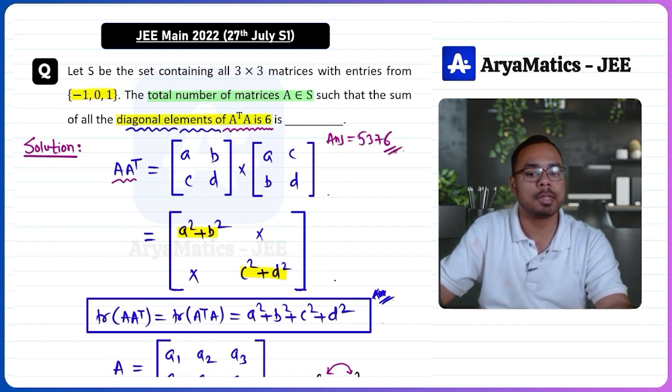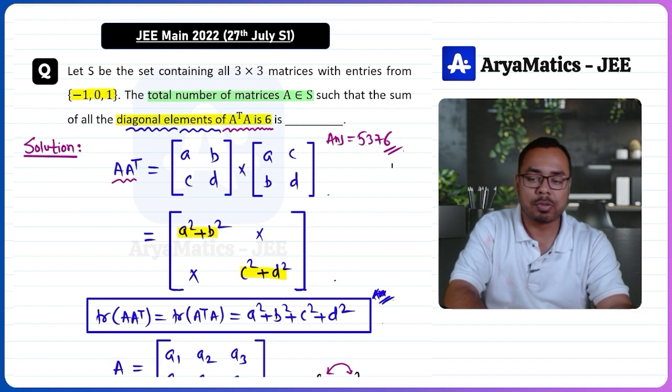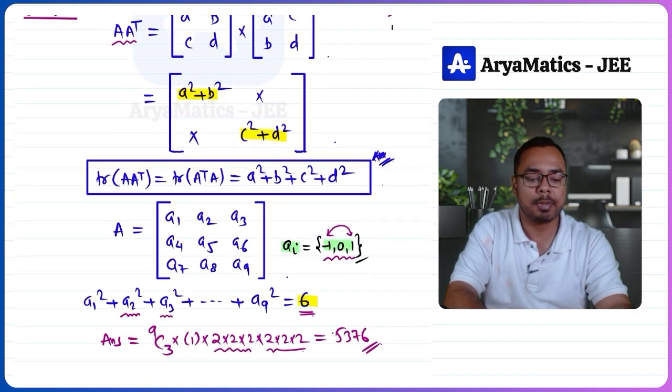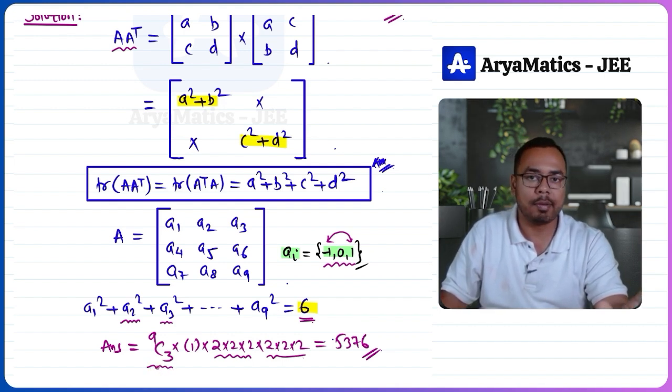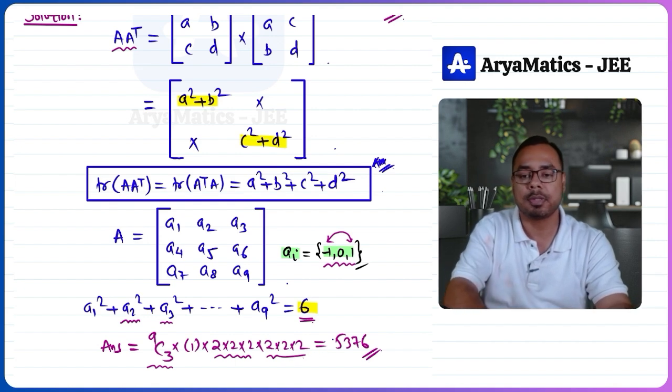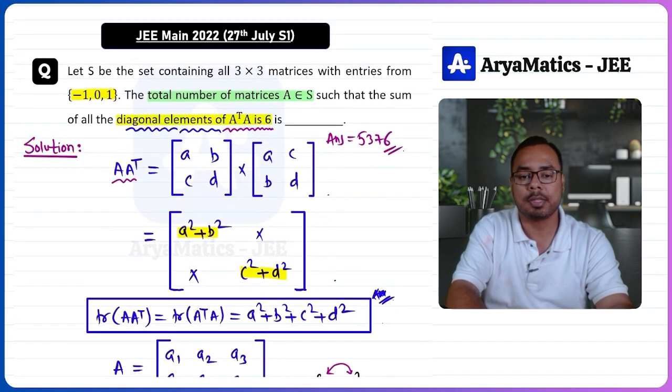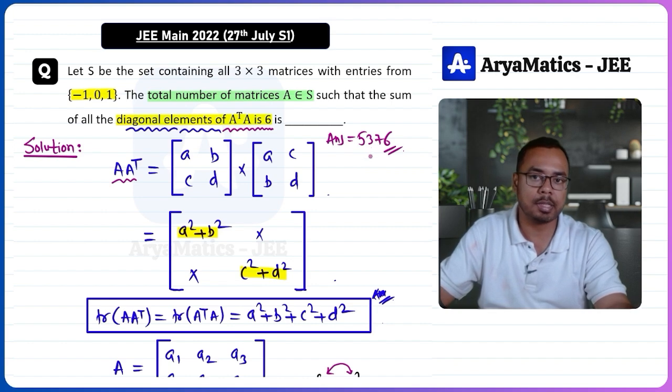So from there we got this result that sum of square of all the elements in this matrix must be 6, and therefore out of these 9 variables, make any 3 variables 0, and for remaining 6 variables we have two options each. So the correct answer for this problem is 5376.